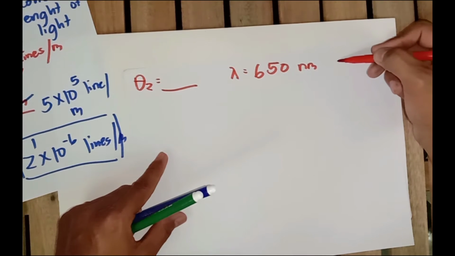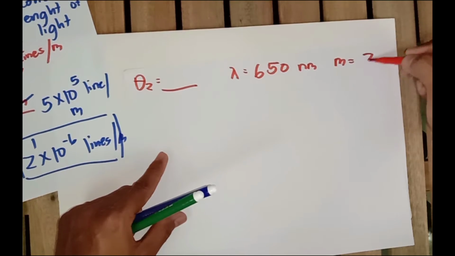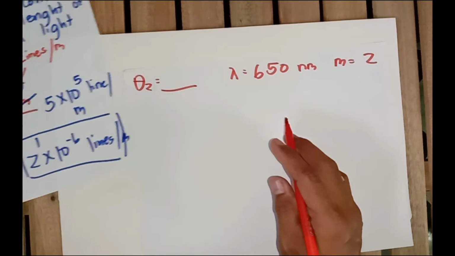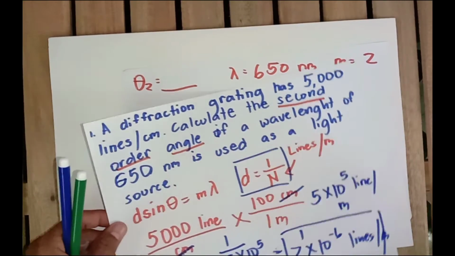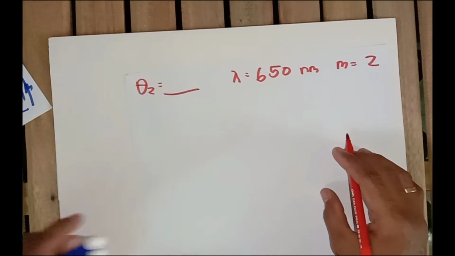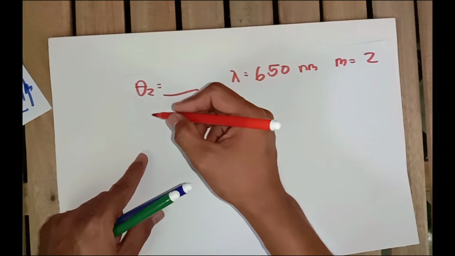And the second order integer m is 2, because it is second order. Okay, we have to input the value.